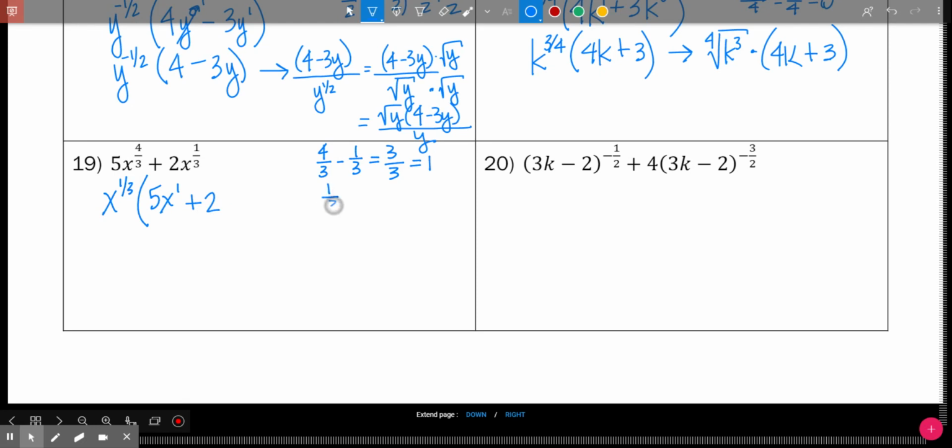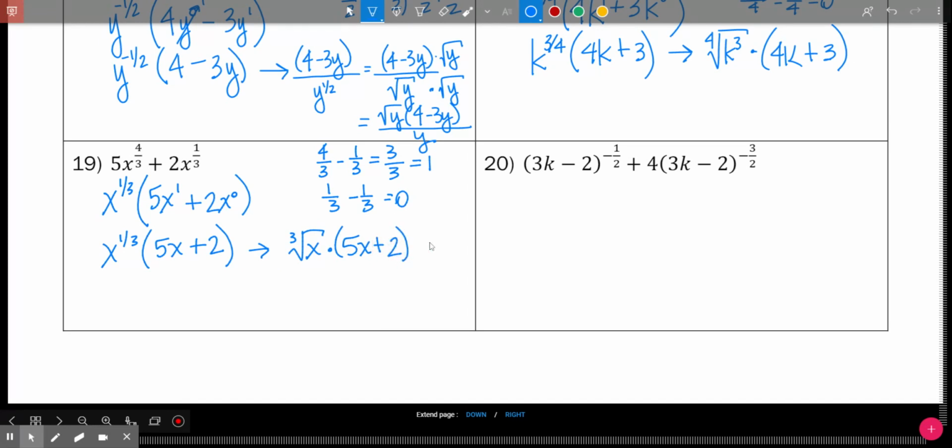I have 1/3 minus 1/3, which is 0. So this is x to the 1/3 power times 5x plus 2. And you can write it as the cube root of x times 5x plus 2. It doesn't change it and it doesn't make it wrong.